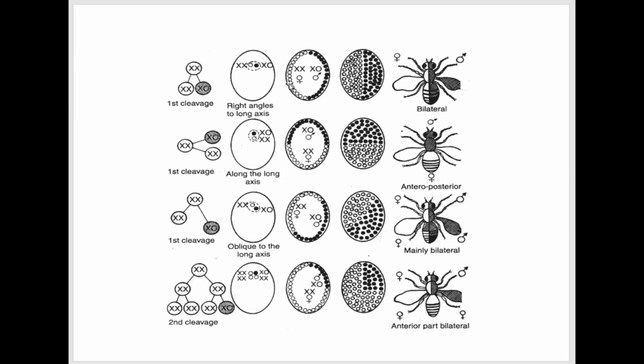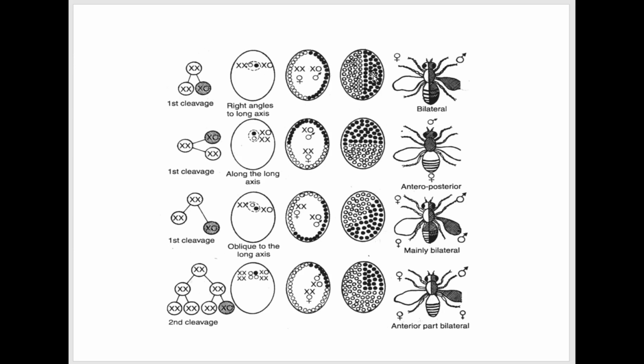XX chromosomes are obviously responsible for the formation of female characters, and the absence of one X chromosome, a single X chromosome, leads to the formation of male phenotypic characters, so that half part of the body is male and the remaining half part of the body is female.